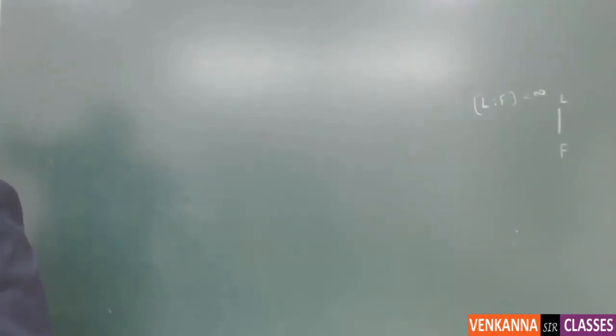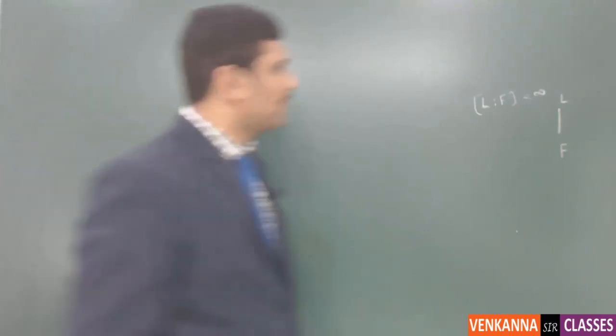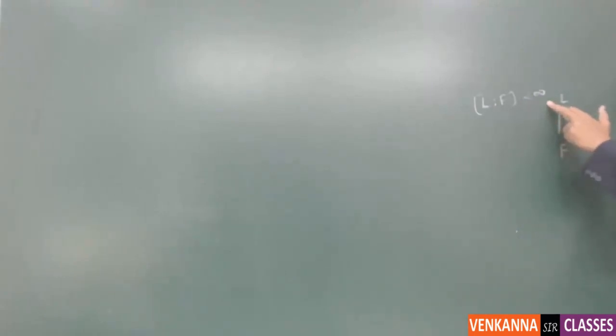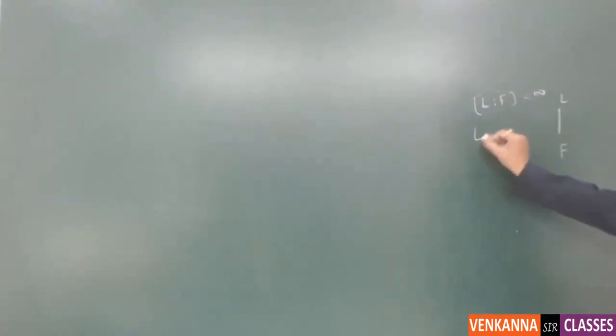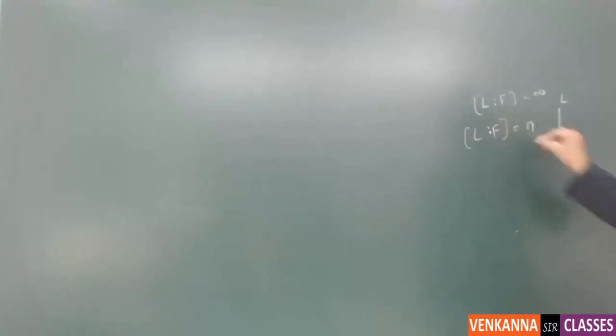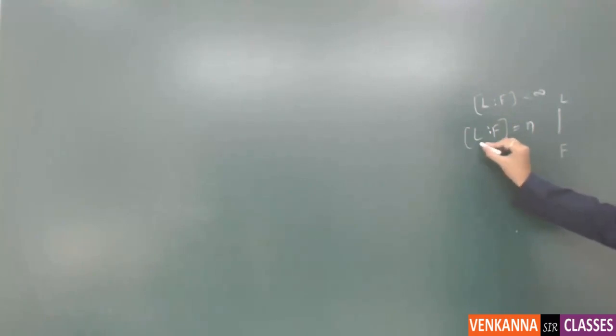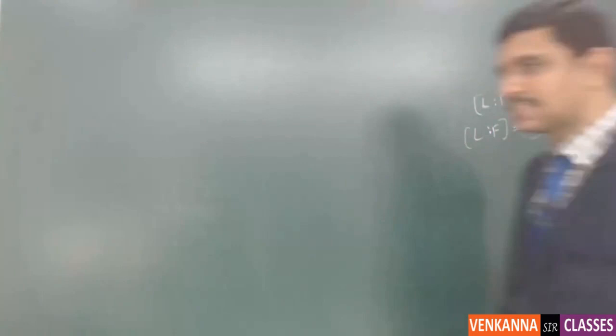Yes, the basis is finite. In particular, this value is less than infinity, it is a finite value. It means that if [L:F] is equal to n, a finite value, then you have a basis for L over F with n elements. Accepted?